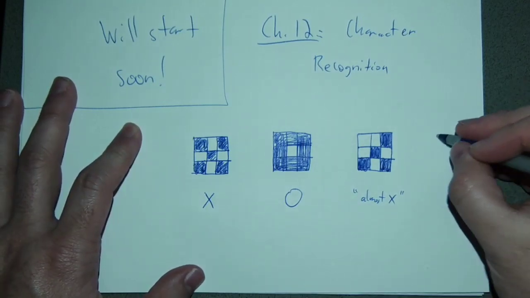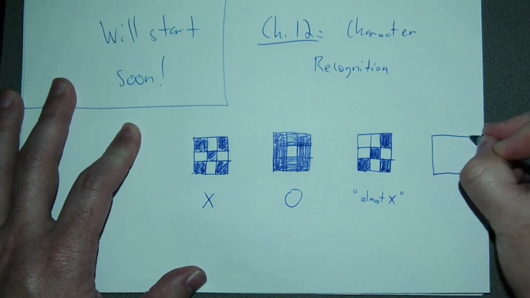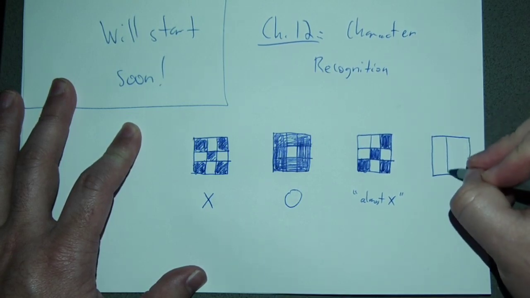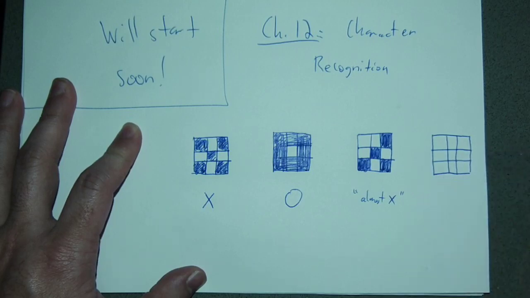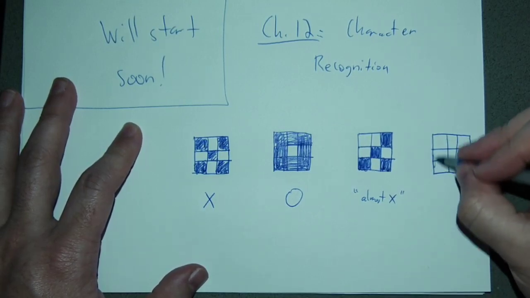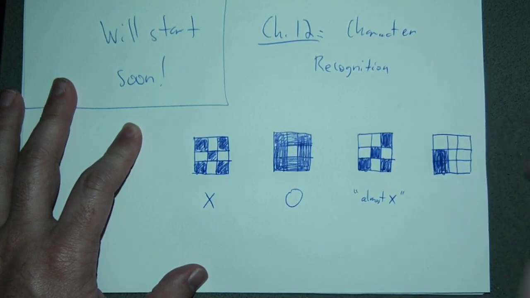And then there's an almost O that I'll put here. My almost O is going to similarly be, I shade everything except that upper left corner.